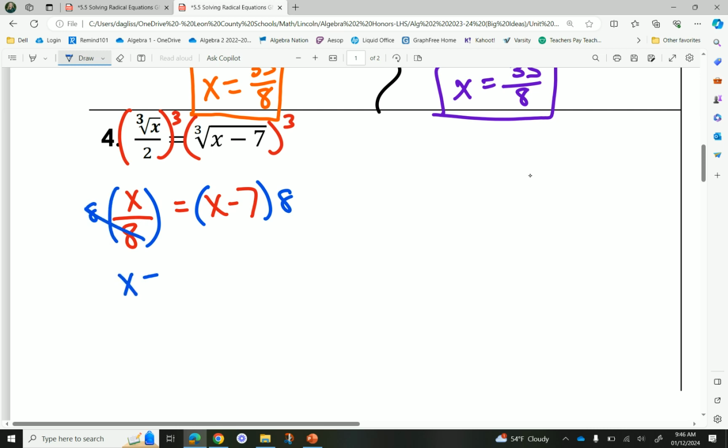So I'm going to get x is equal to 8x minus 56. What you want to do? You could.